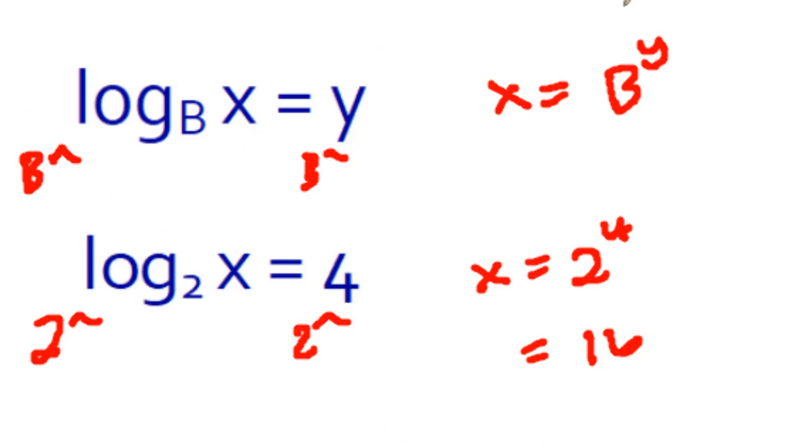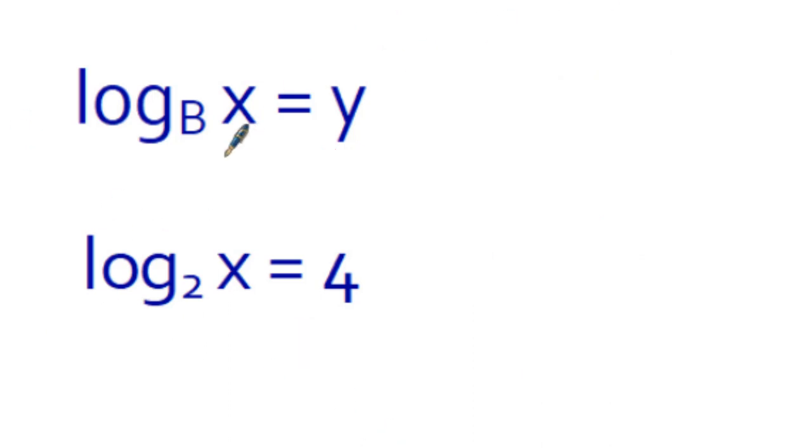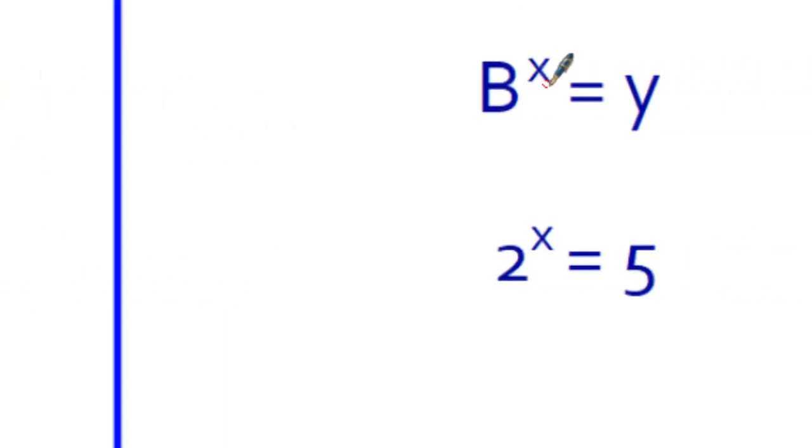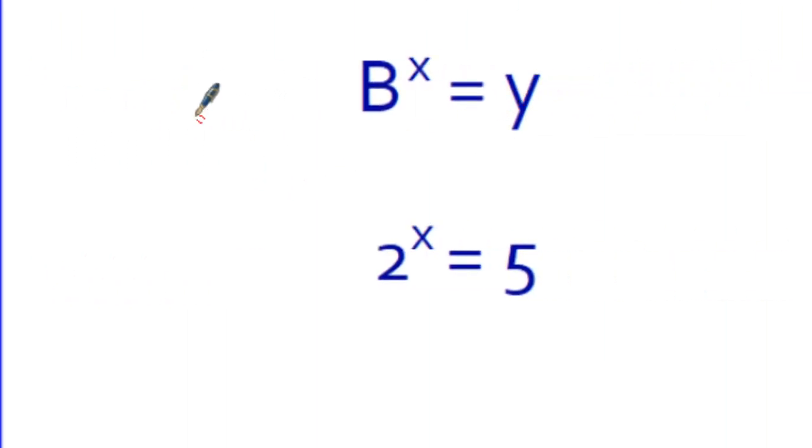So what is the algebra of log base b? It is b to the, both sides. Well, how do we get b to the x power is equal to y out of there? We have to do log base b to both sides. And so here we have 2 to the x is equal to 5.